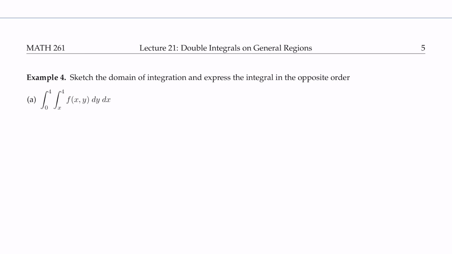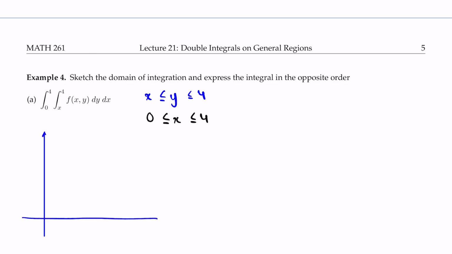Okay, so the region that we need to draw here is that x is between 0 and 4, and y is between x and 4. So from the limits of integrations, we have that y is between x and 4, and x is between 0 and 4. We're going to plot this on the xy plane. So this is x, this is the origin, and this is y.